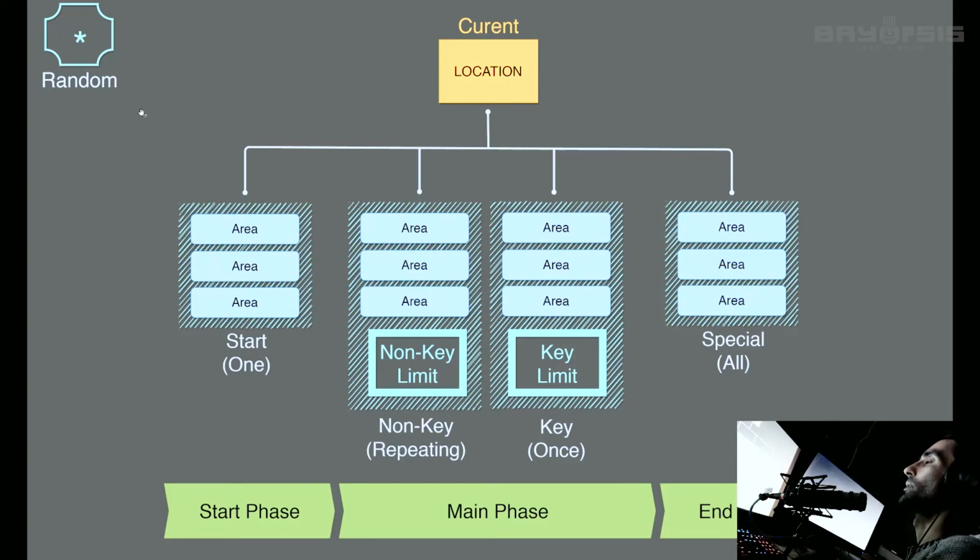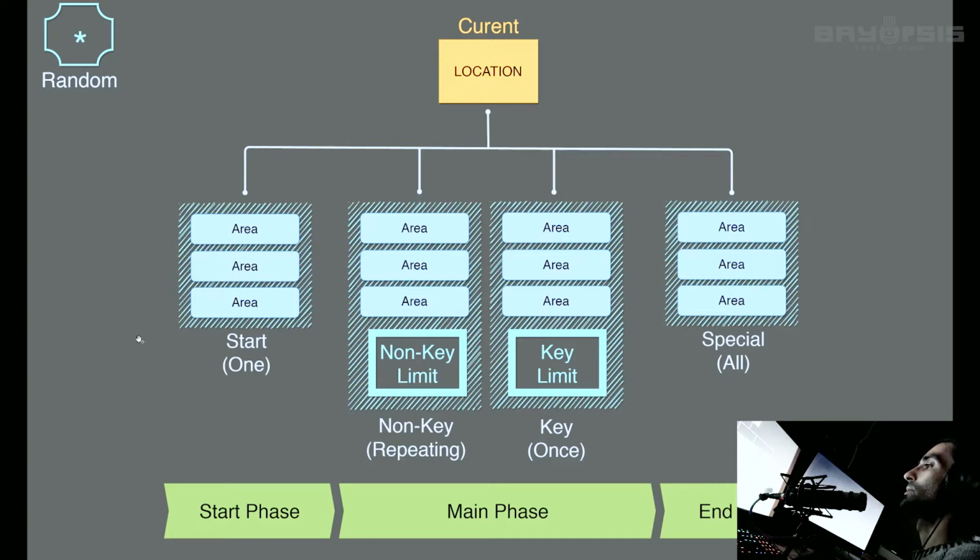The random one. In this case it's not purely random. There are parameters that we can set, and the information about the areas is stored inside the location and not on the areas this time.